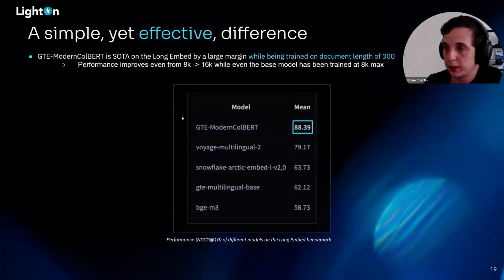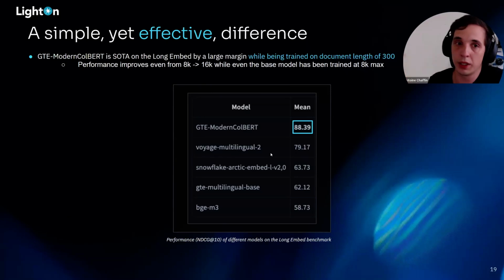If you compare the recent GTE-ModernColBERT, which leverages late interaction, to the best-in-class single vector models on the LongEmbed benchmark, which is a benchmark meant to evaluate the capabilities of long context retrieval, you can see that it is strongly outperforming all of these dense models.